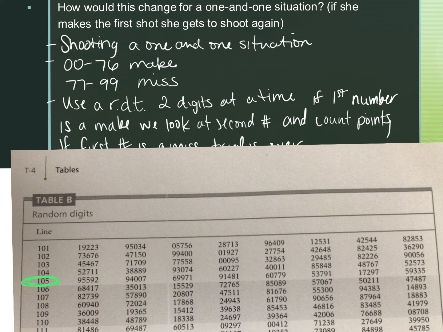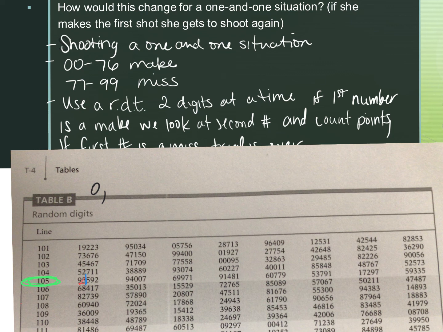Okay, so let's start the first one. First shot is a miss, so that means trial 1 is 0 points. Trial 1 is over. She missed her first shot. She doesn't get another attempt. Just leave space in between the problems.